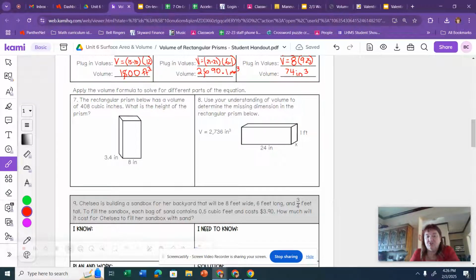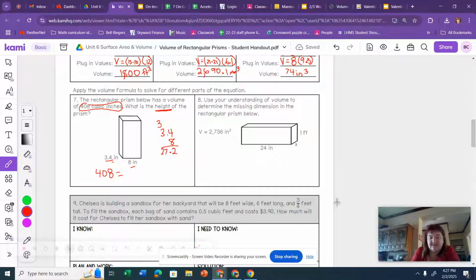Okay? Now again, the rest of the problems are just done that way. You're just going to multiply the 3 sides. Because you're going to multiply the 3 sides, if there's something you're missing, like in this case, we don't know the height, but we know the volume, I would just say 408 equals, now the base is 3.4 times 8. So let's do that. 3.4 times 8 is 27.2. 8 times 3 is 24, 25, 26, 27.